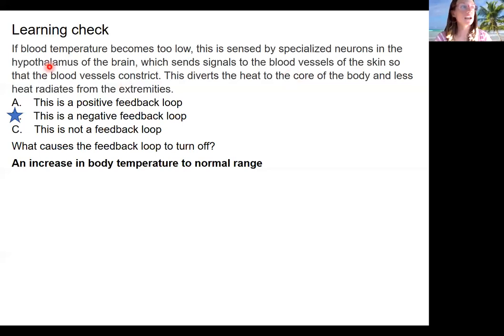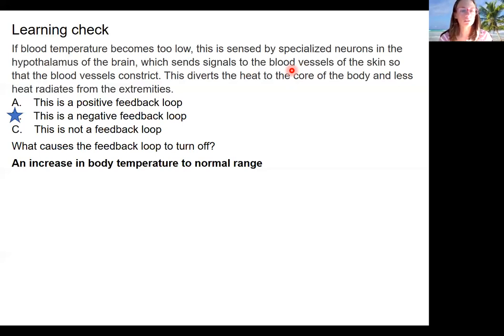The hypothalamus decides, sends a signal to the blood vessels, that's your output signal, that is going to cause the blood vessels to do something. The blood vessels are the target or effector that then carry out the response. Those blood vessels are going to constrict. That's the response. And that's going to cause body temperature to increase.